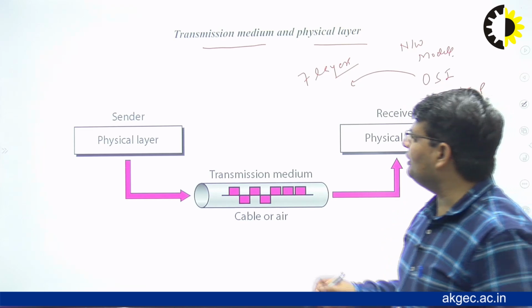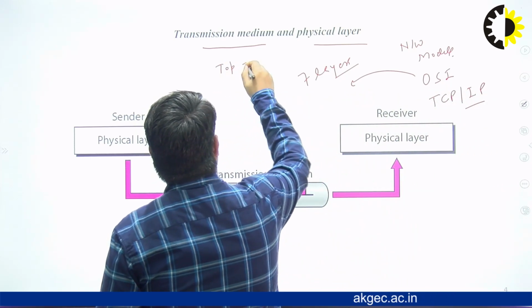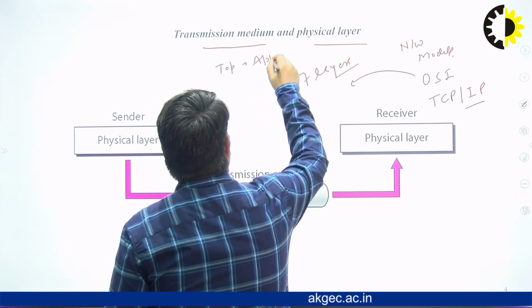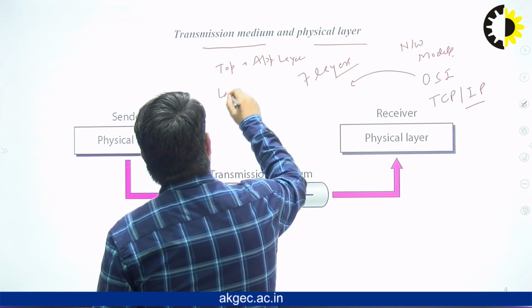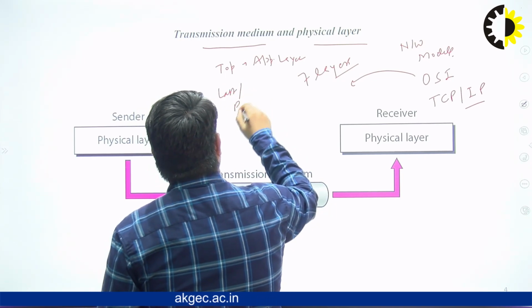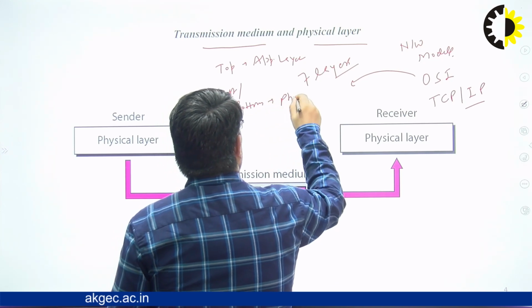and out of these 7 layers, the top layer is known as the application layer, and the last or bottom layer is known as the physical layer.